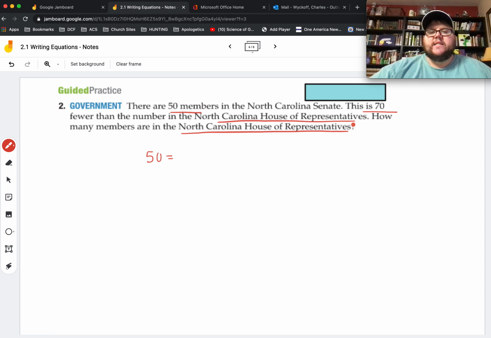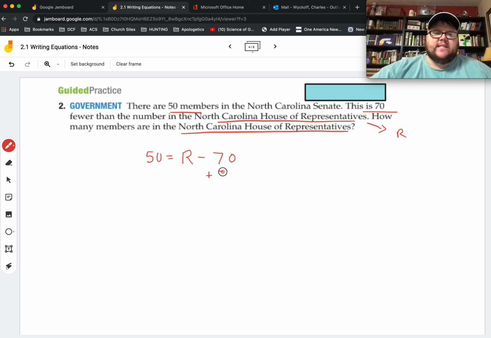So if I say House of Representatives is the variable R, we know that R, the total number of House of Representatives, minus 70 is the 50 that are in the North Carolina Senate. So how many members are in the House of Representatives?